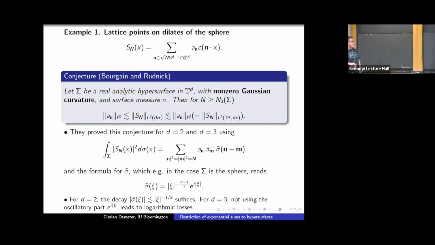So interestingly enough, Bourgain and Rudnick proved these conjectures. D equals 2 and D equals 3 are the cases when they managed to come up with the full resolution. D equals 2 is fairly easy.